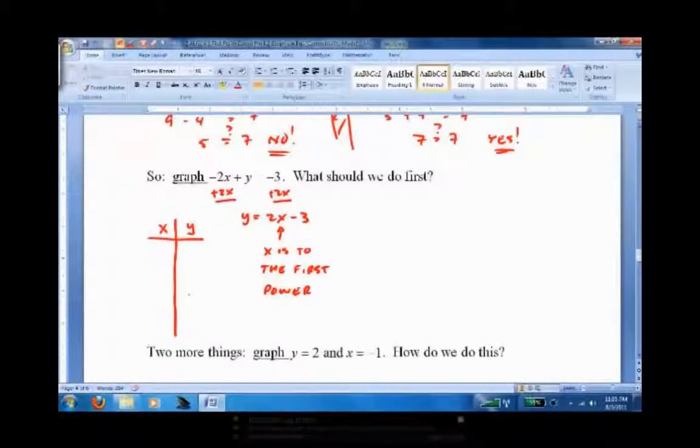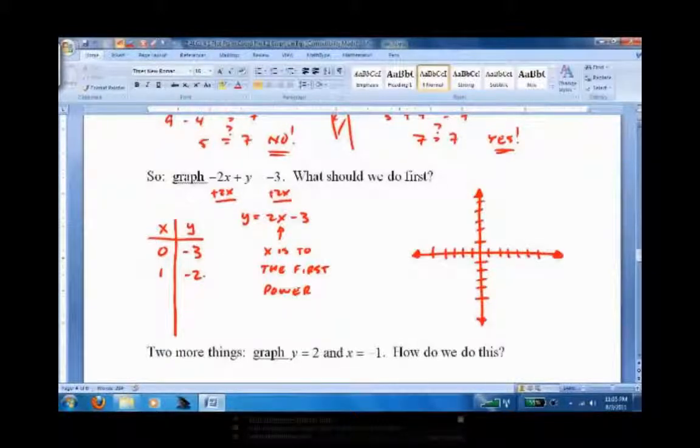Let's try 0 and 1. Simple points that are probably pretty easy to calculate. So I get my coordinate plane ready to go over here. Put in 0 to this equation. 2 times 0 is 0, minus 3 is negative 3. Put in 1. 2 times 1 is 2, minus 3 is negative 1.